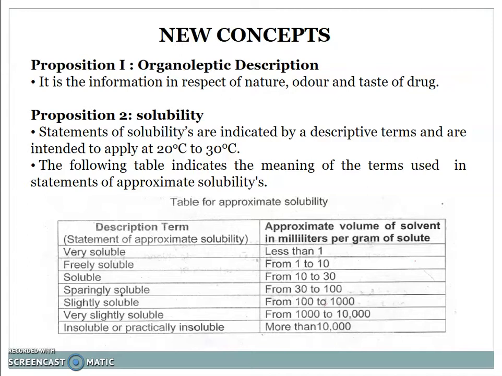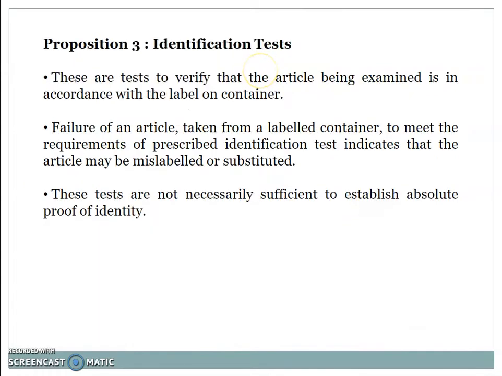Slightly soluble means 1 gram of solute is soluble in 100 to 1000 ml of suitable solvent. Very slightly soluble means 1 gram of solute is soluble in 1000 to 10,000 ml of solvent. And insoluble or practically insoluble means it needs more than 10,000 ml of solvent.